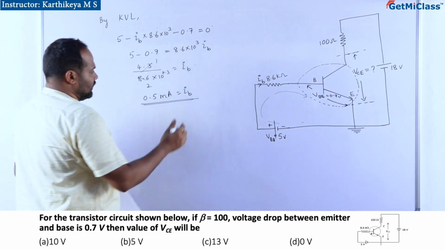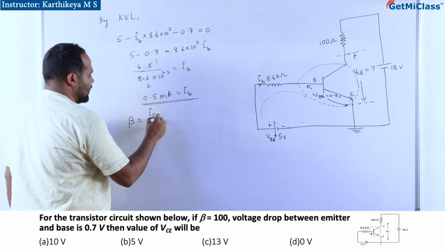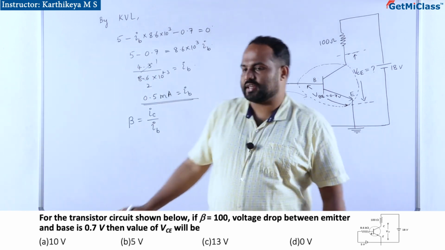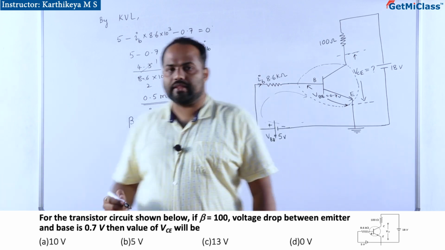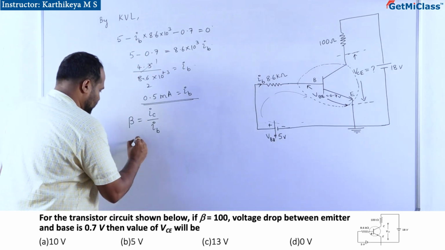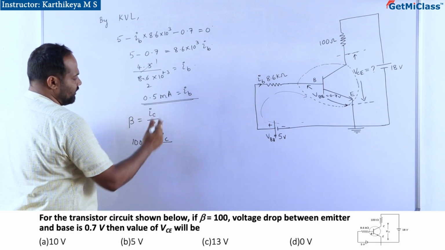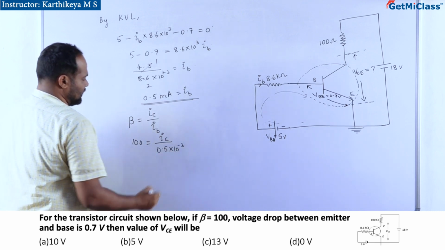Similarly, now beta is given. Beta is IC by IB for a CE configuration, that is common emitter configuration. So beta is 100, correct? Beta is 100, IC I need to find, whereas just now I have calculated IB, that is 0.5 into 10 to the power minus 3.